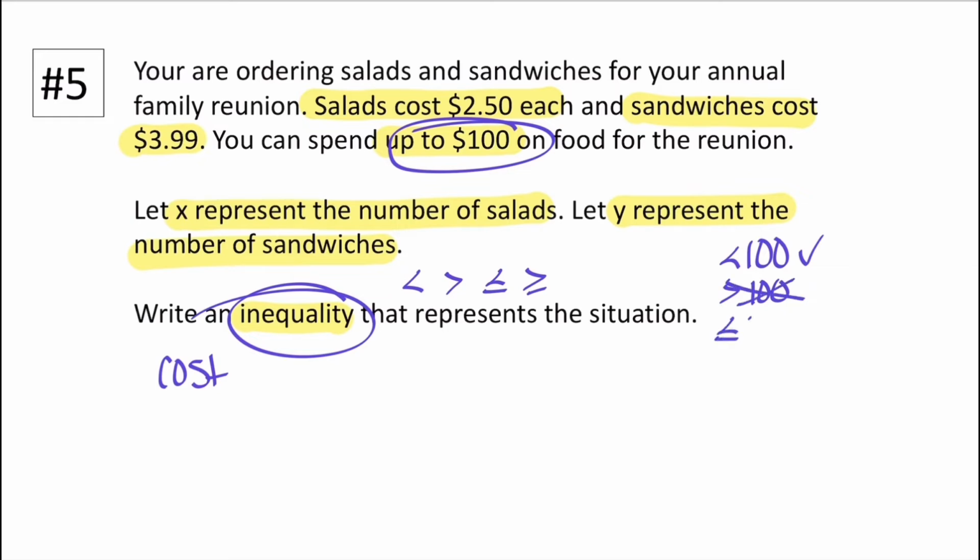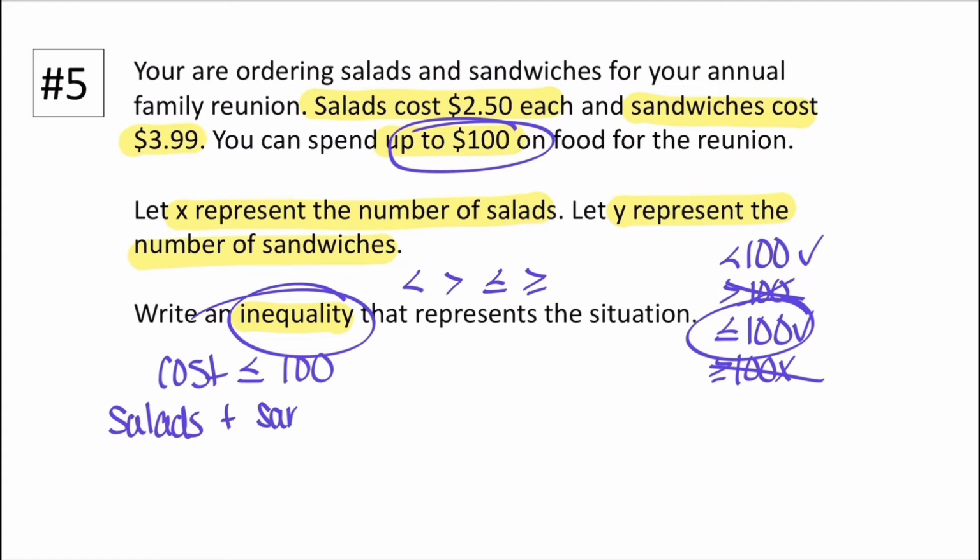You can spend less than or equal to $100 because you can spend exactly $100, but you cannot spend more. That's why we're going to use the less than or equal to sign. So we're going to say cost is going to be less than or equal to 100. Well, our total cost is going to be salads and sandwiches.